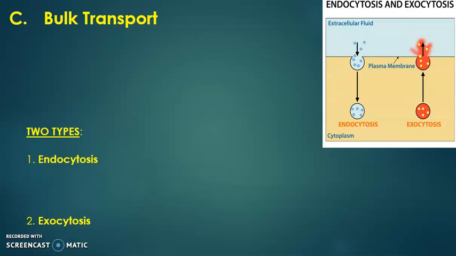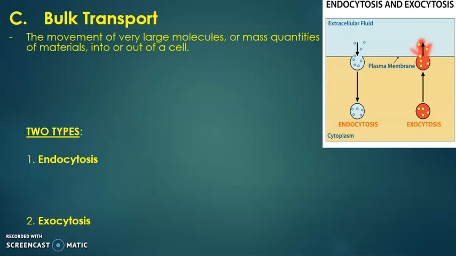Now, another way that active transport can be used is in a larger concept that we call bulk transport. Bulk means a lot of material at once. So for bulk transport, we're going to be moving very large molecules or mass quantities of materials in or out of a cell.